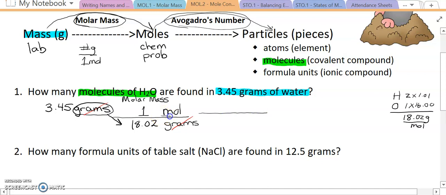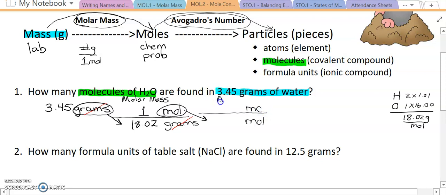Because this time I have moles on top, and I want to get rid of moles, so I'm going to put moles on the bottom. And according to my flow chart, I'm going to go to little tiny pieces, and this time I'm going to go to molecules. A lot of times students will not write out molecules, but you will confuse yourself if you're writing out mole. So for molecule, I'm going to abbreviate molecule with an MC. That way I can tell the difference.